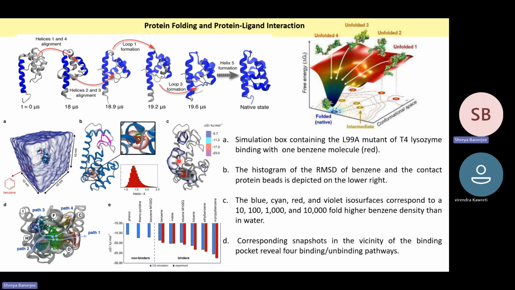So you can see that here an energy surface is shown. Depending on the color of the energy surface, in this region, the main binding region, the energy is around minus 17.3 kilojoule per mole. So this is the binding pocket, because the interaction of benzene with the protein is highest. So the thermodynamics can also be obtained by this computational program, because you are specifying all the force fields, the interatomic, intraatomic interactions.